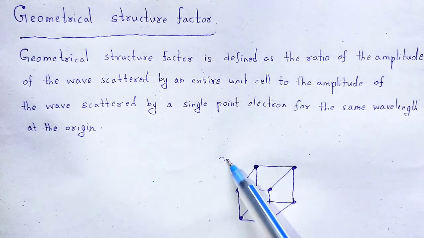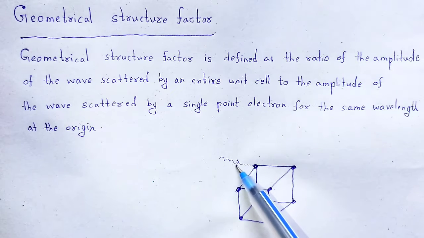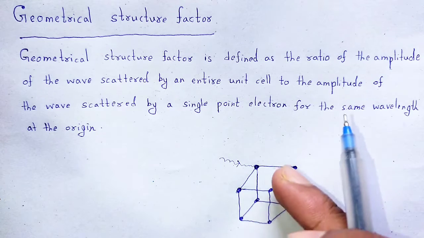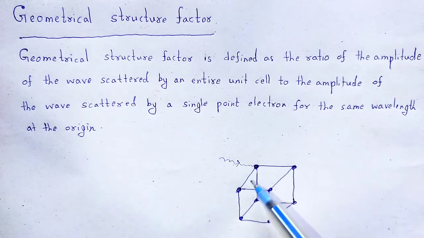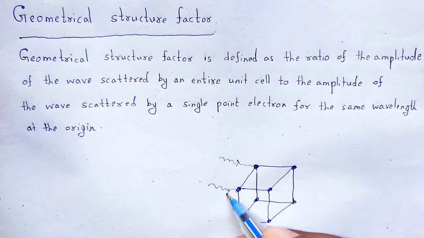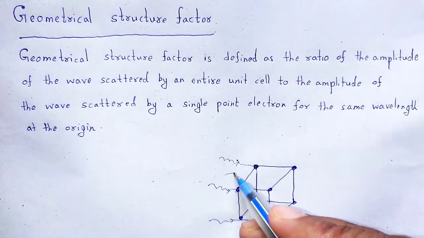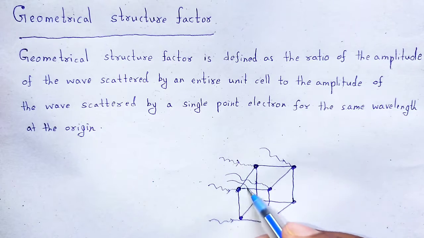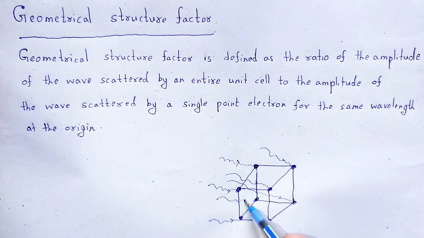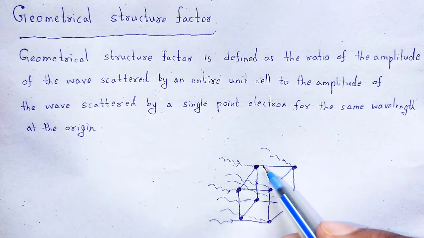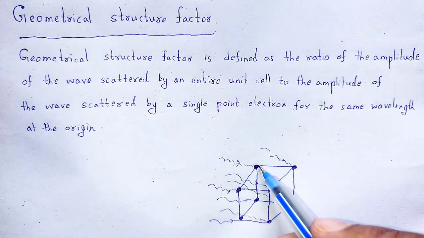When X-rays are incident on the crystal, means X-rays are incident on the unit cell as well as the atoms present at the corners of the unit cell. After incidence, these are scattered.